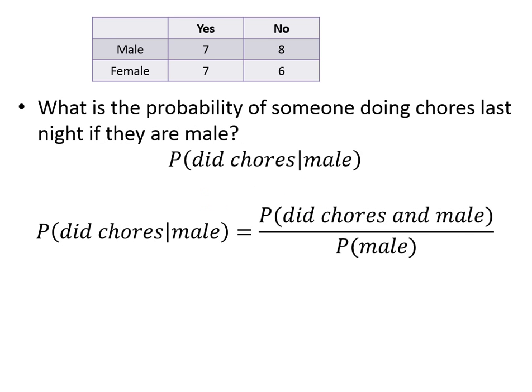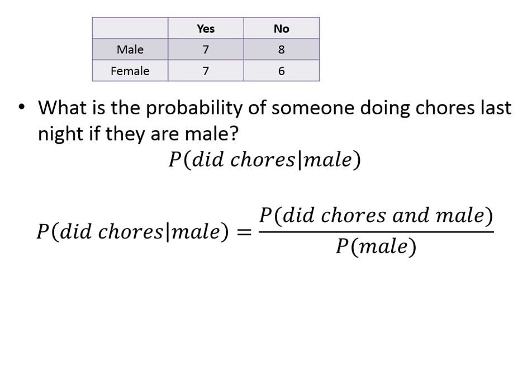So if we want to look at this, we would say, okay, what is the probability of someone doing chores last night that was male? So we're assuming that they are male, and we want to go, okay, what's the probability of it occurring that they are male and they did chores?